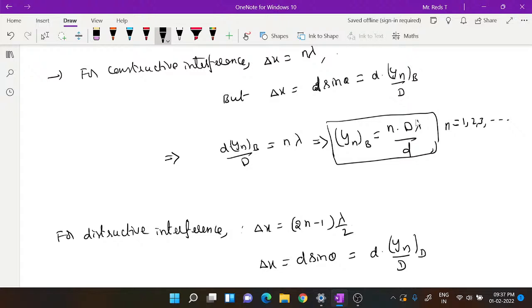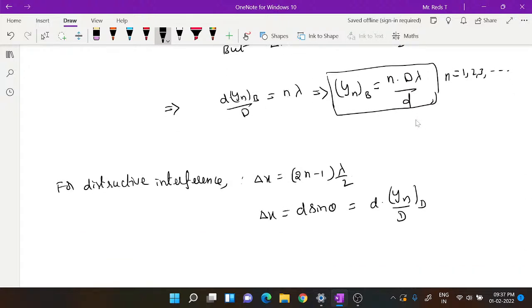So now if you equate these two, because delta x on the left side is equal, you can write this implies d into position of nth dark fringe by capital D is equal to (2n minus 1) into lambda by 2.